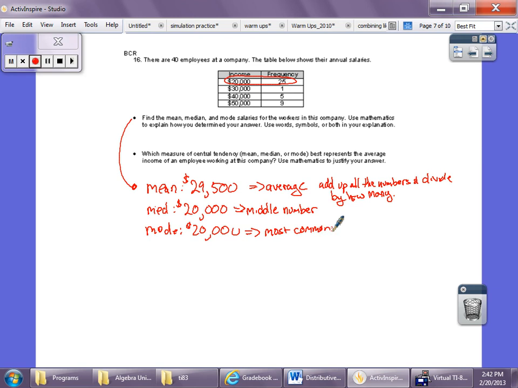So which measure of central tendency best represents the average income of an employee working at this company? So if you're looking at the average income, well, average would mean mean, but I would say the median, because this is the middle number.